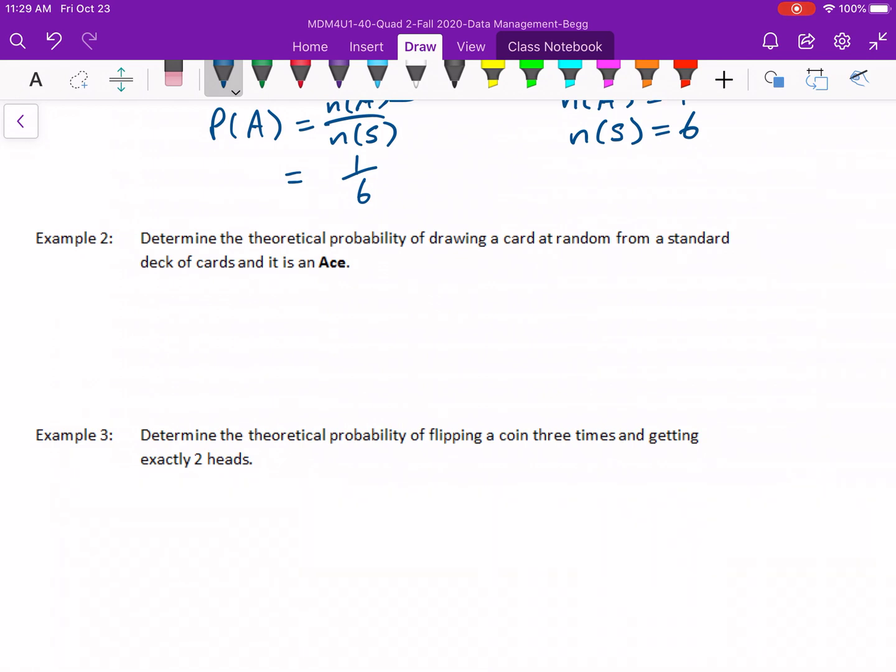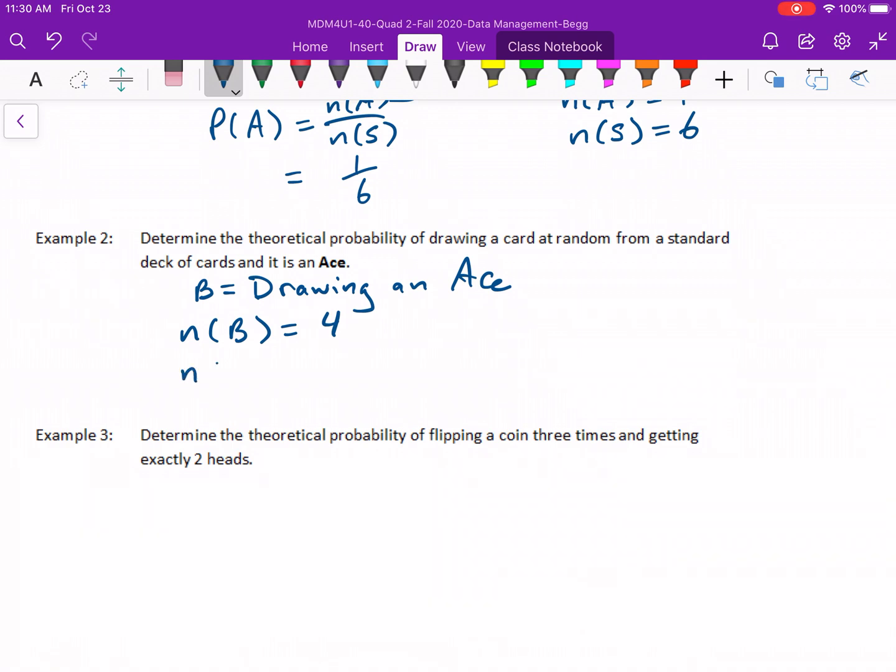Determine the theoretical probability of drawing a card at random from a standard deck of cards and it's an ace. So we'll call that event B just to give it a different name. And drawing an ace. And let's just do it here, N of B, number of ways of drawing an ace. If you've played cards, you'll know that there's 4 aces in a deck.